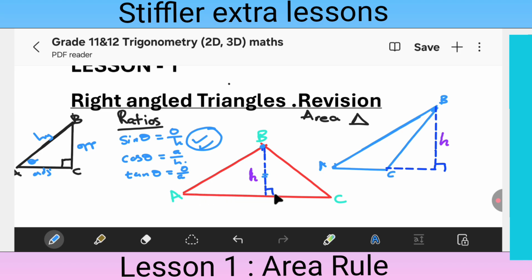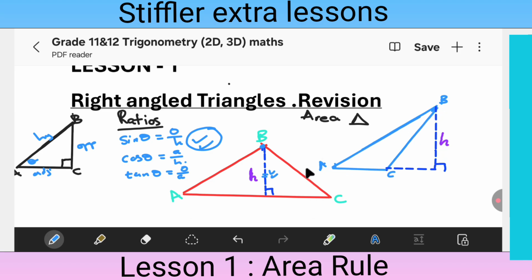Here you can see that this is perpendicular to this line, so this is our perpendicular height. In this other triangle, from this apex, if we try to construct a line inside, we cannot have a perpendicular height. So our perpendicular height will be outside of the triangle.